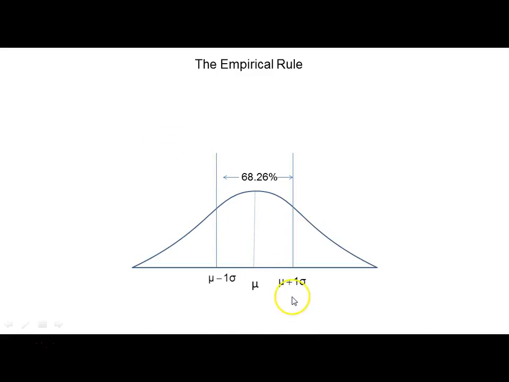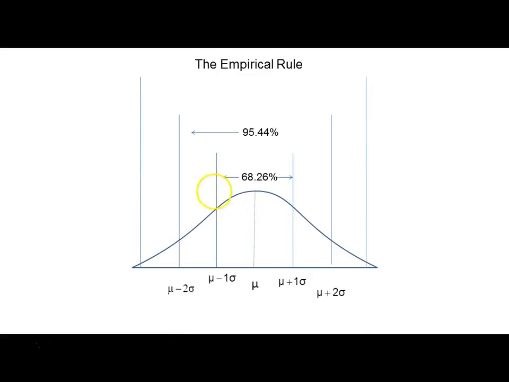So from mu minus 1 standard deviation to mu plus 1 standard deviation, that interval is about 68% of the data. Go out 2 standard deviations, and you've got 95.44%. And go 3 standard deviations, and you've got 99.72%.